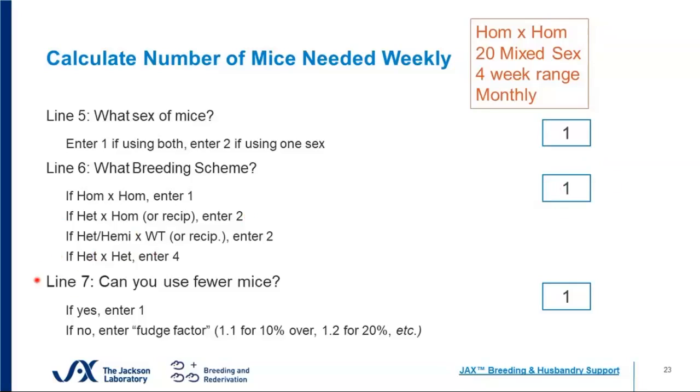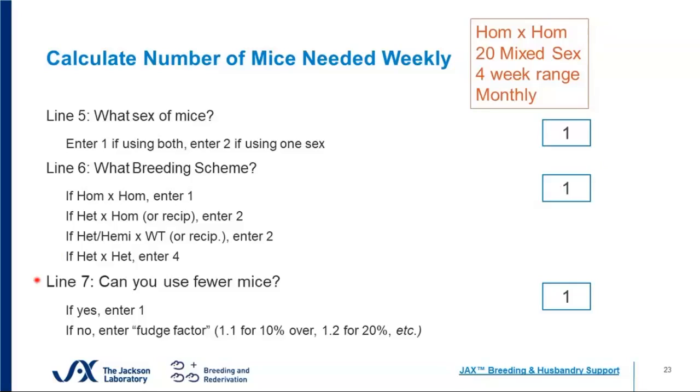And line 7, we deal with using fewer mice or not. So right now, what we're trying to do is to generate 20 mice every month. But this is an average, on average, 20 mice a month. Some months we may get 18 or 19 mice. Sometimes we may get 21, 22 mice. The question is, can you use less than 20?